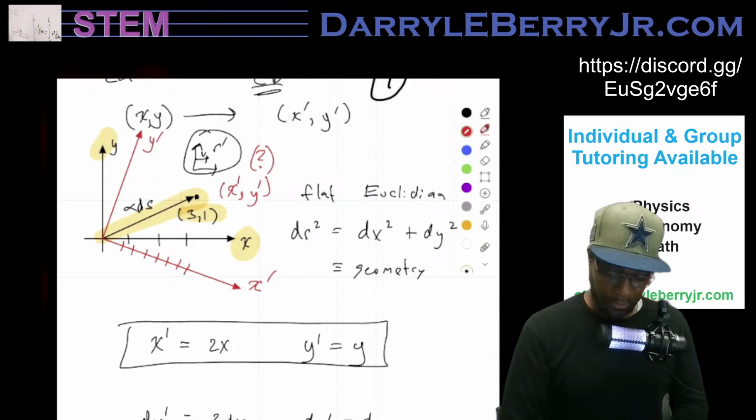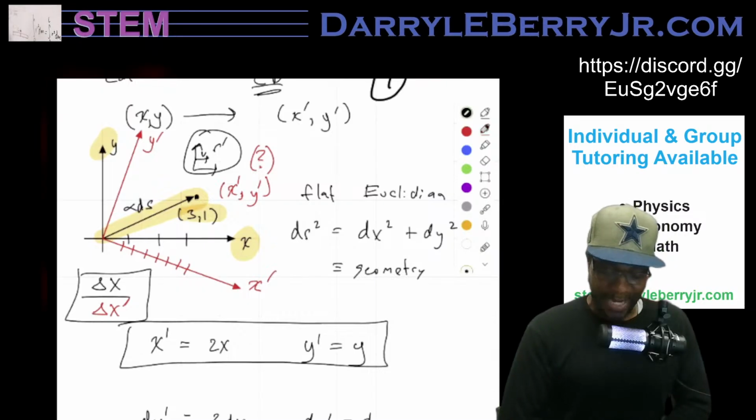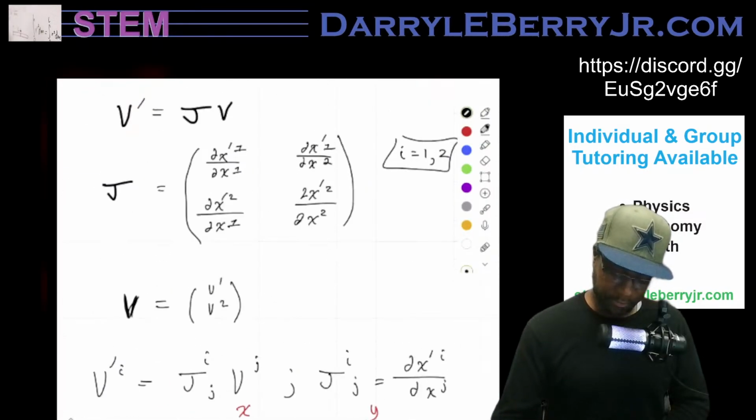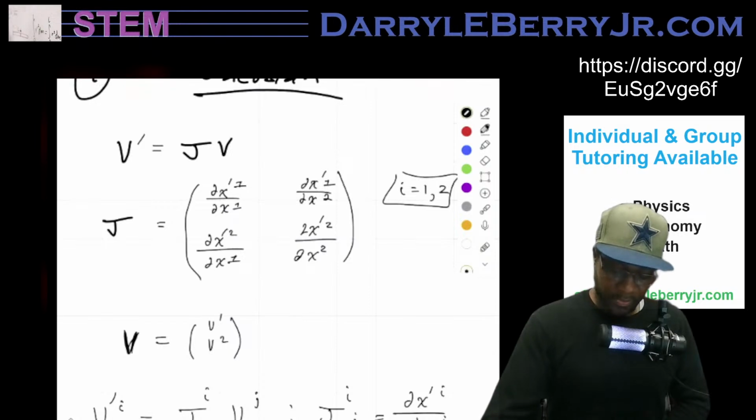So if we understand how much the x changes versus how much the x prime changes, then I can make some kind of conversion factor to change from x to x prime. This is all we're doing. We're saying, I want to know how much the x prime changes versus how much the x changes. That's this right here.